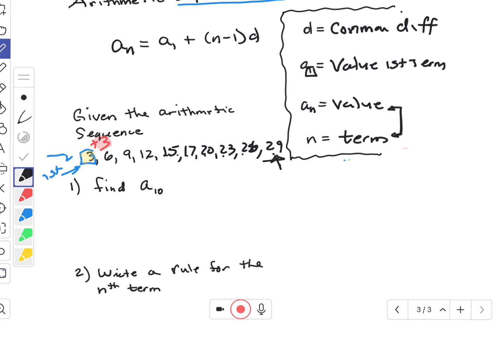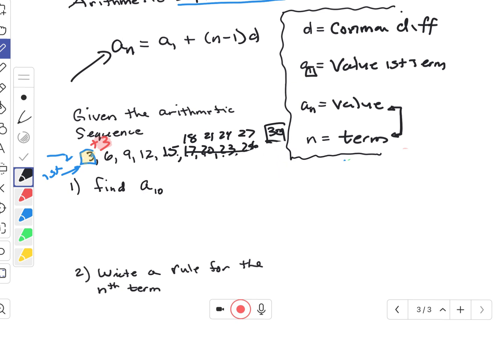Oh, I made a mistake right here. This is 18, and then this is 21, and then this is 24, and then this is 27, and then this is 30. The 10th term has a value of 30. But look at how cumbersome that is. So instead of doing that, we can just use the formula to find the value of the 10th term.